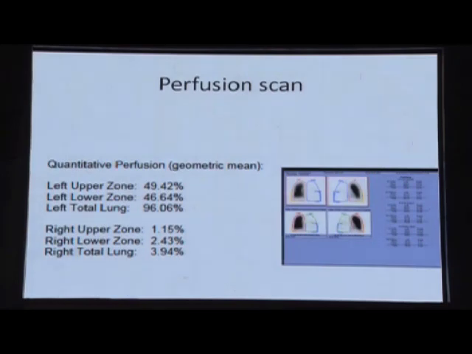So there was no perfusion on the right lung, which is good news because it helps you predict how this patient is going to do intraoperatively on one-lung ventilation. With 3.9% total perfusion on the right side, there won't be much of a shunt going on. So looking at the preoperative VQ scan or perfusion scan is very important.